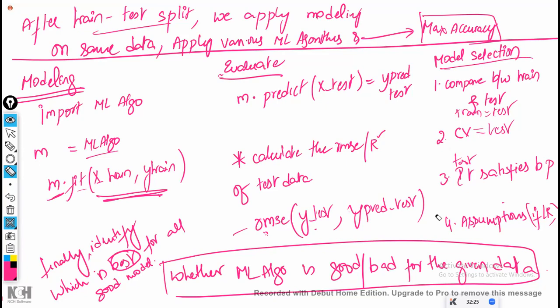Data should be fixed. Data should not change. So data should be fixed means some random state we have to fix and the data should be locked. The data should not change every time.